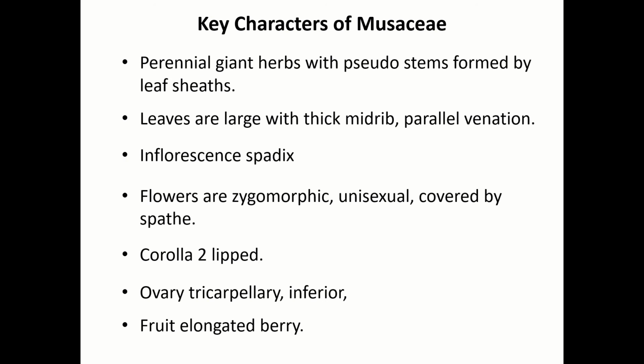Now let's talk about the key characters of the family. The one thing you should remember is that the plants are large herbs with false stem or trees. So let's start. It's a perennial giant herb.